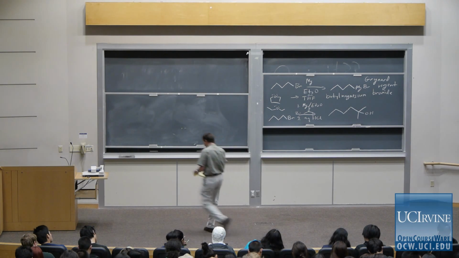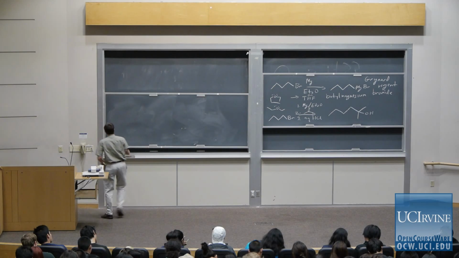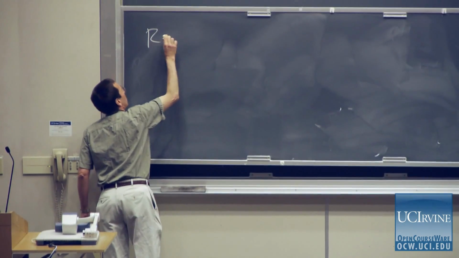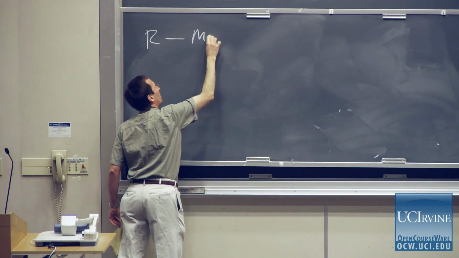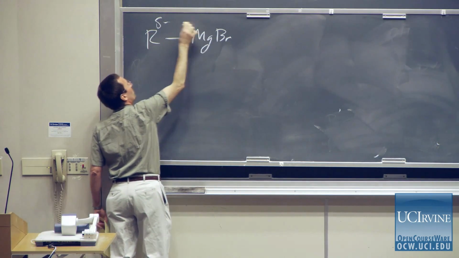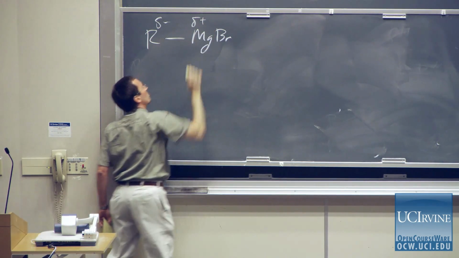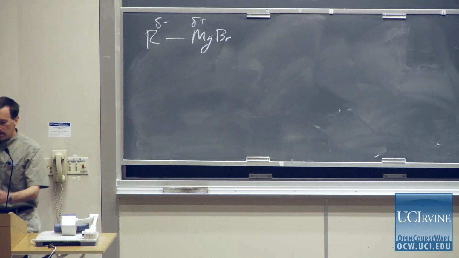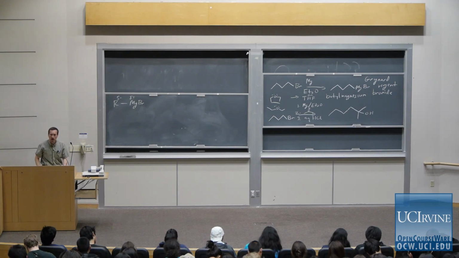So you can think of the bond between magnesium and carbon as a polar covalent bond. In other words, you can think of this as having a delta minus, a partial negative charge on carbon, and a partial positive charge on magnesium.